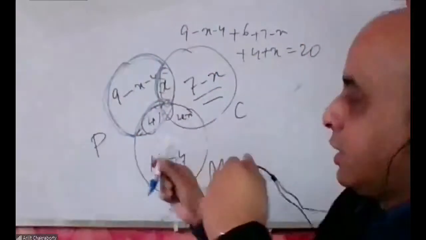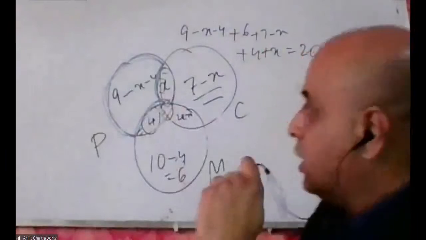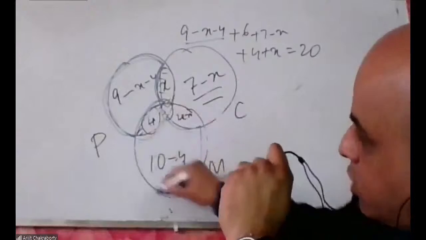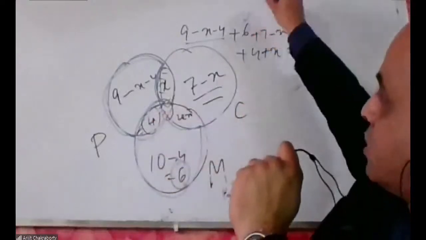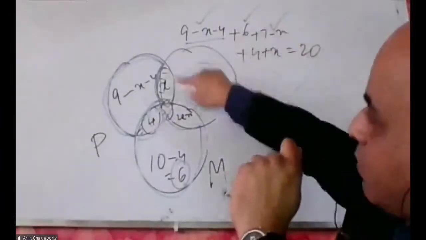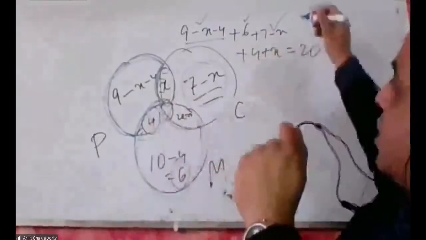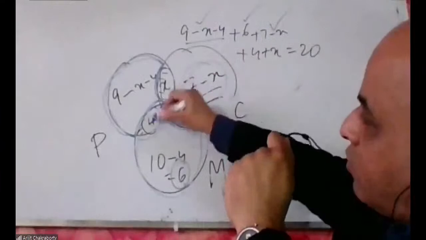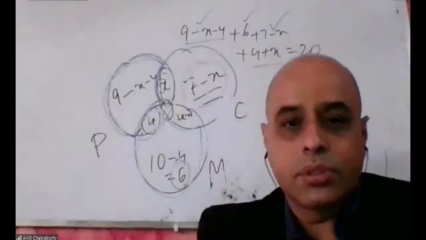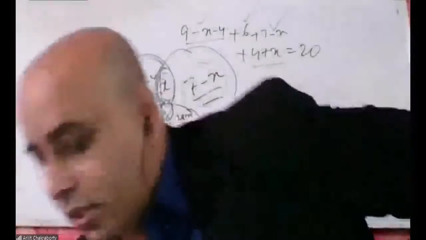That means those people who teach physics but don't teach chemistry and mathematics. 6 is this portion. 7 minus x is this part, the white part, that means those teachers who teach chemistry but don't teach other subjects. And finally we have the common area, 4 and x. So 4 plus x gives you 20. If you solve for x, x comes to 2, which is correct. Some of you have got 2.